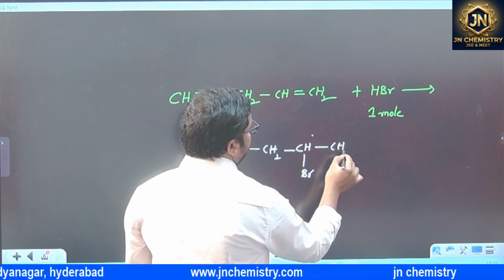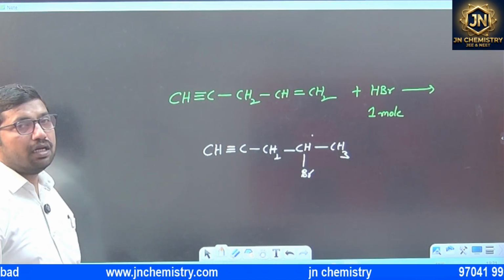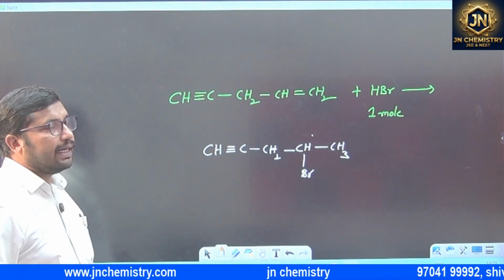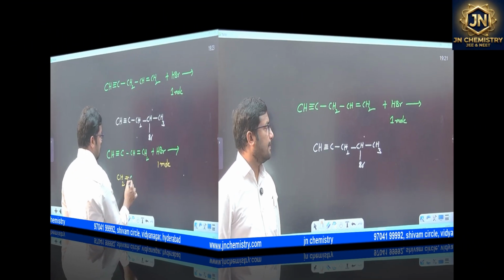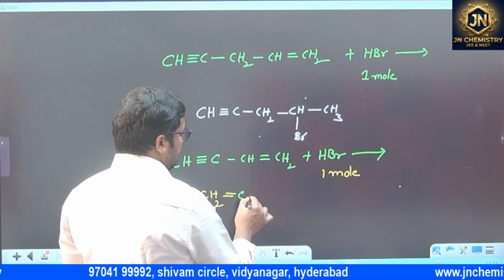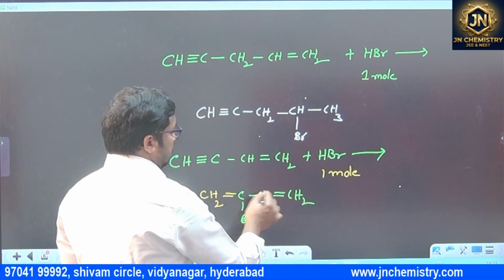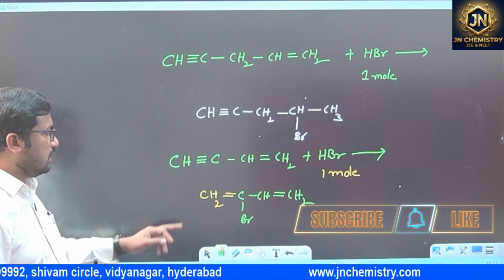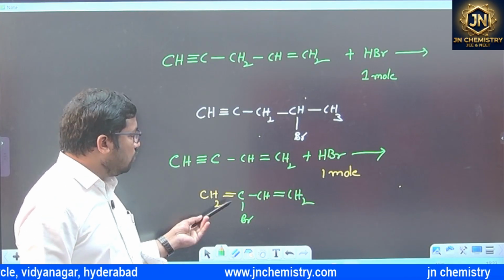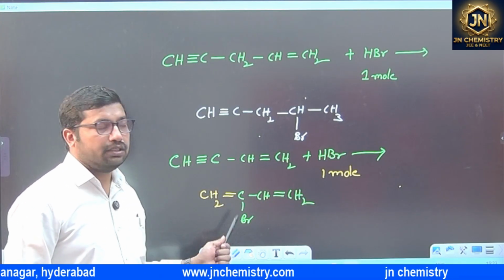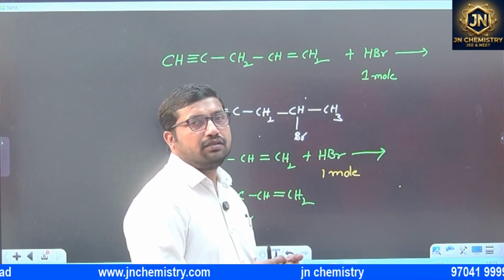Alkenes, no. In this case alkenes are more reactive because in the electrophilic addition reaction alkenes are more reactive than alkynes. CBr, CH=CH2. This is the exceptional case because the product formed is more stable. So in this case, the HBr will attack at the alkyne.